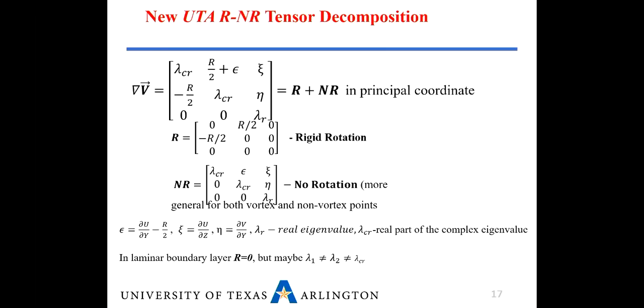It's easier. You say V equals U I plus V J plus W K. That's easy. If it is non-orthogonal, that's much more complicated. You cannot use three projections. This U is the projection of V in the I direction, V in the J direction. But if non-orthogonal, you cannot use this very simple relation.